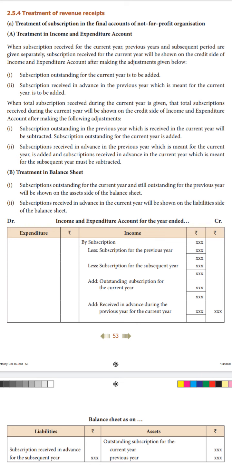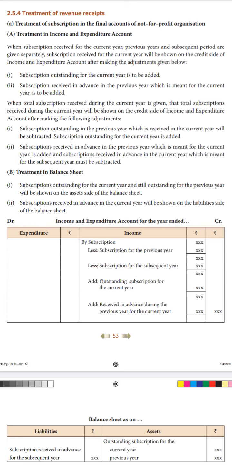Anything outstanding in the previous year, like last year's outstanding, which is received now, we have to subtract. Then any subscription amount received in the current year which is meant for the subsequent year, we must also subtract. So these are the treatments in the income and expenditure account.